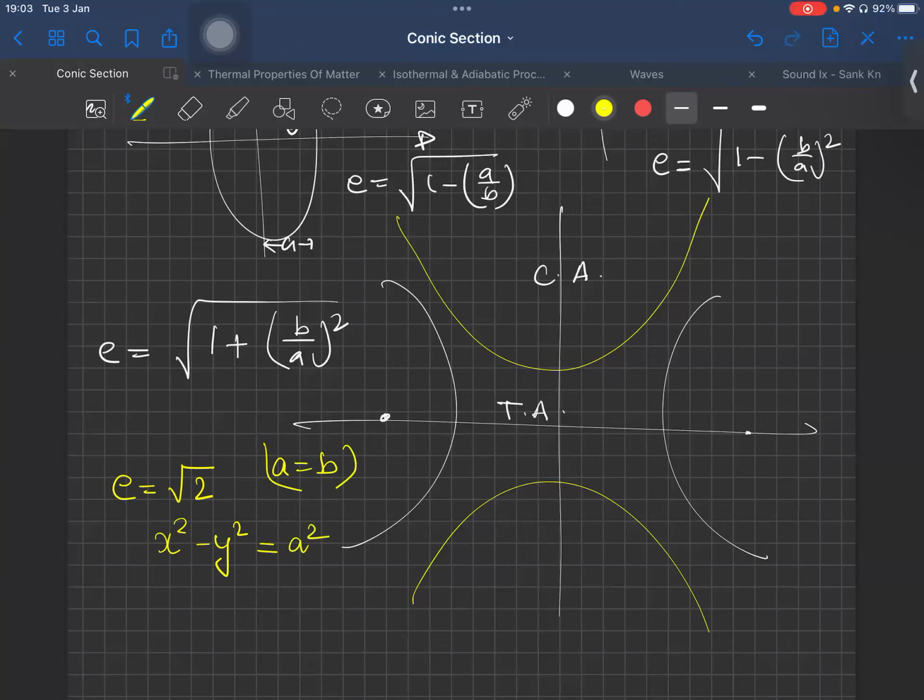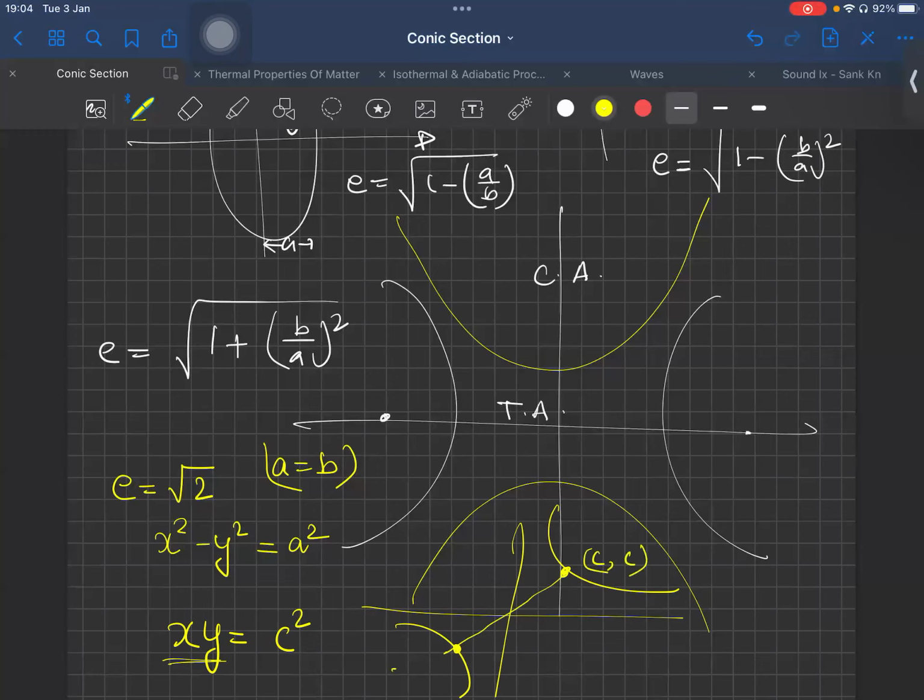Then there is a third type of hyperbola, which is the rectangular hyperbola, which is x into y is equal to some constant, let's say c square, usually it is written, doesn't matter. So the product of xy is equal to a constant. The vertices of that hyperbola are (c, c) and (minus c, minus c). So these are the types of hyperbola we have studied.